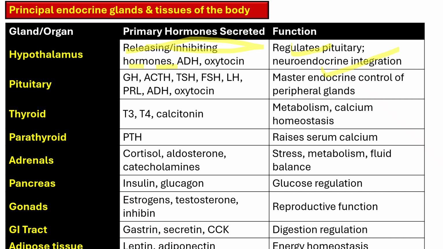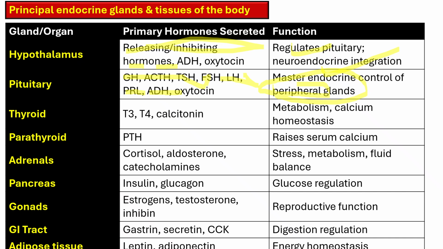Then the pituitary gland secretes growth hormone, ACTH, TSH, follicular stimulating hormone, luteinizing hormone, prolactin, antidiuretic hormone, and oxytocin. And this pituitary is the master endocrine control of peripheral glands.